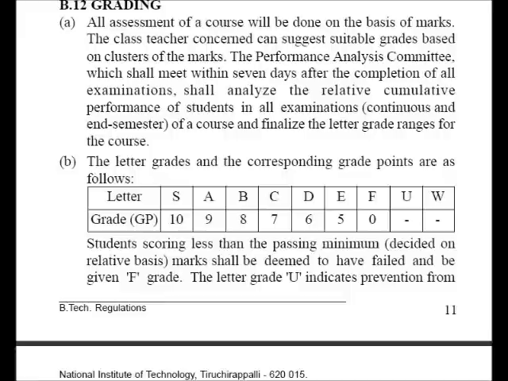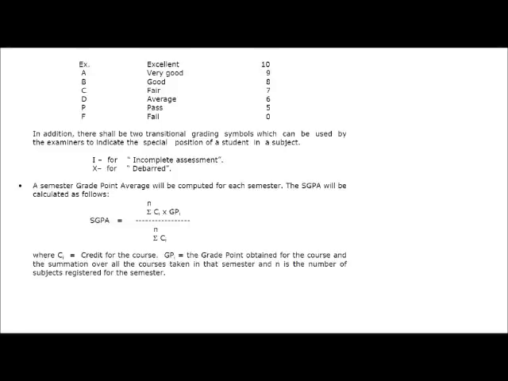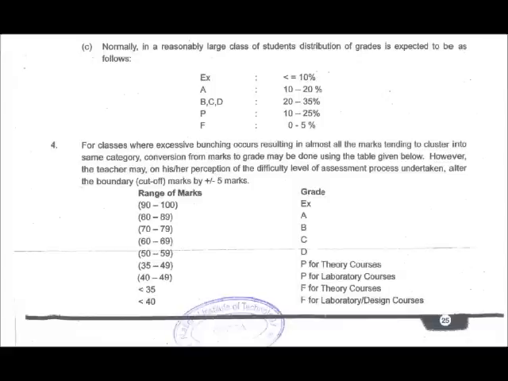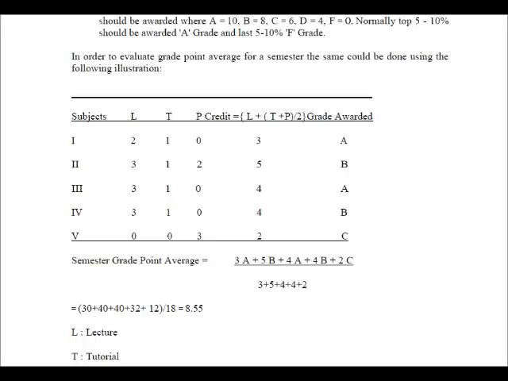Some more examples of institutions using constant grade points are NIT Trichy, NIT Warangal, NIT Jalandhar and NIT Rourkela. This constant value of grade point has also been mentioned in AICTE norms of GPA calculation available on their website.